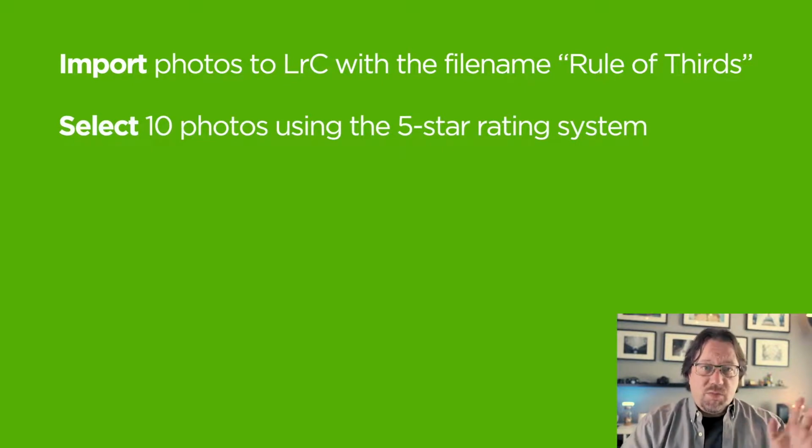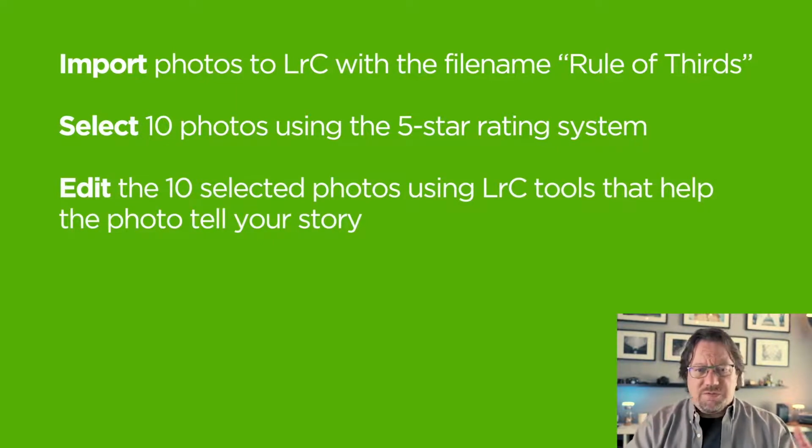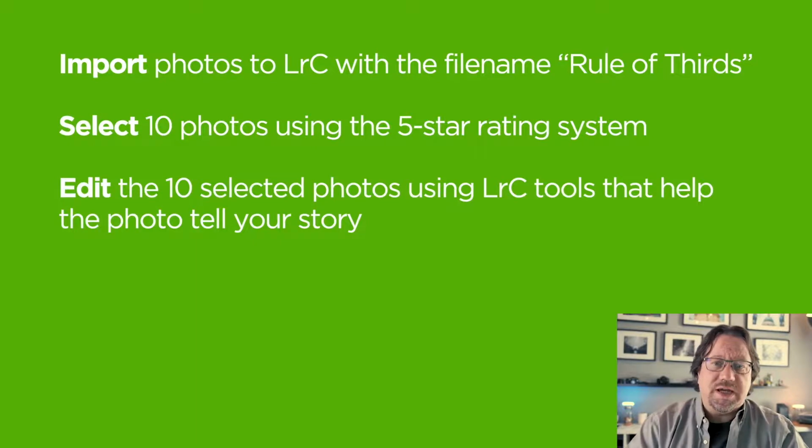You'll rate them with the 5-star system until you've got 10 photos that then will be edited in Lightroom. And then use the tools in Lightroom that you've been demonstrated and seen so far to finish the photo to your personal taste and preference to help tell the story.